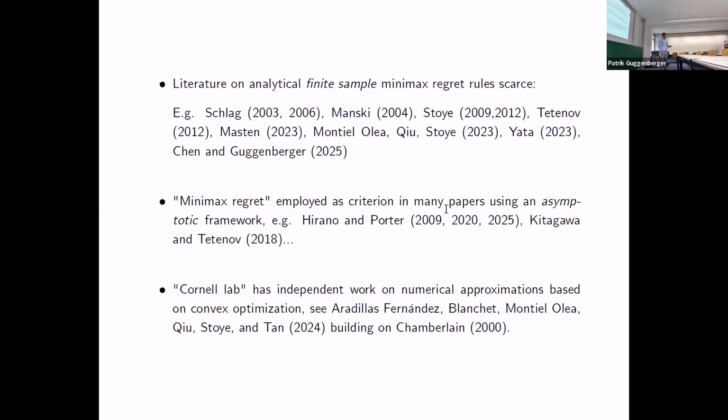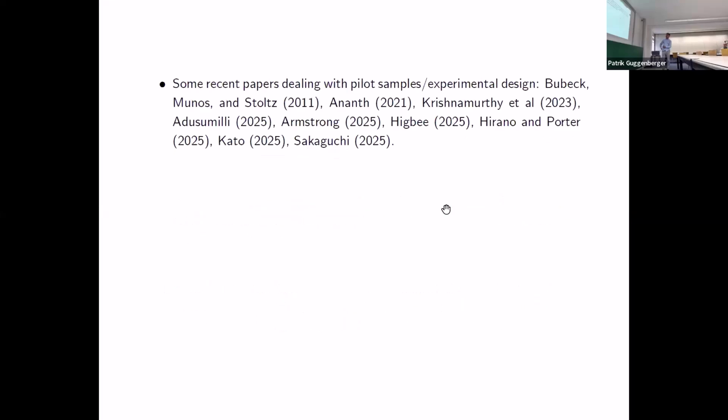So generalizing the setup of Elliott, Müller and Watson in Econometrica 2013, they apply this convex optimization routine to that setup as well. So it's friendly competition. If I have time, I can discuss what I perceive are the advantages of our procedure, at least for the given applications that we are looking at.